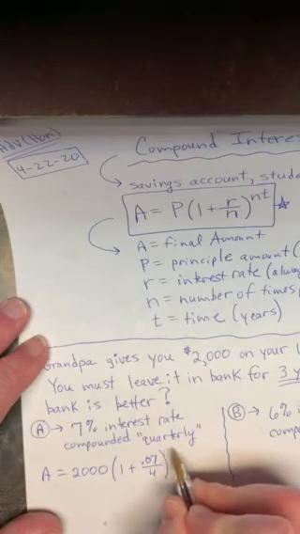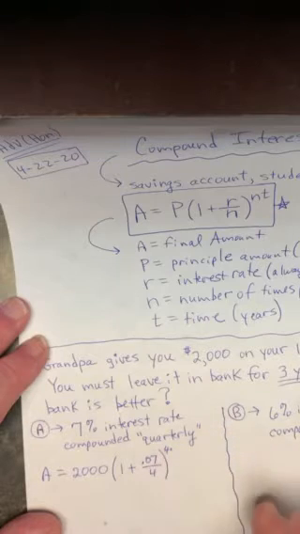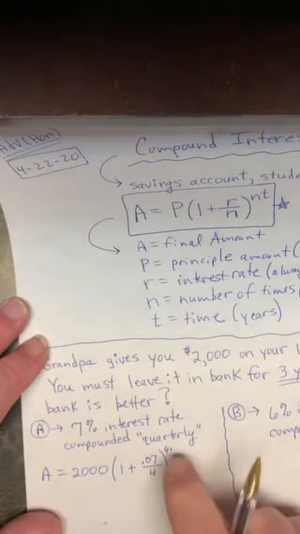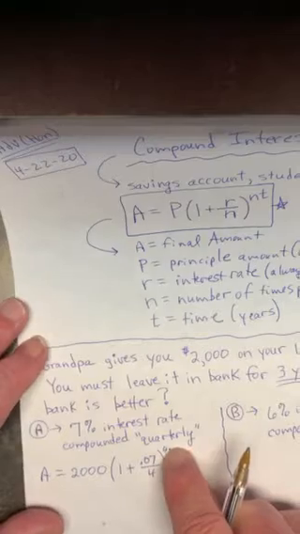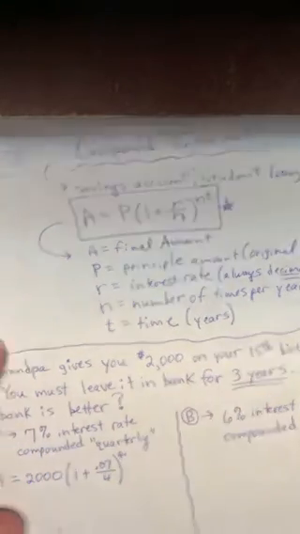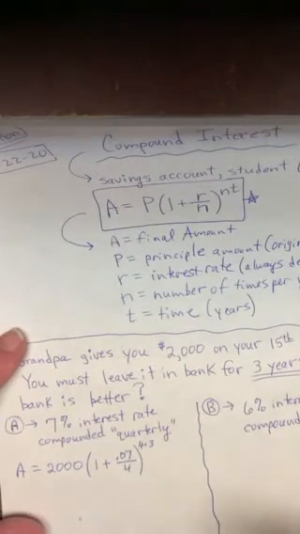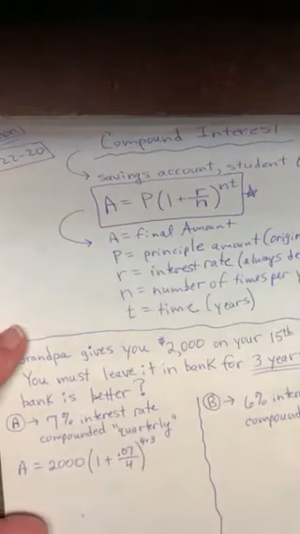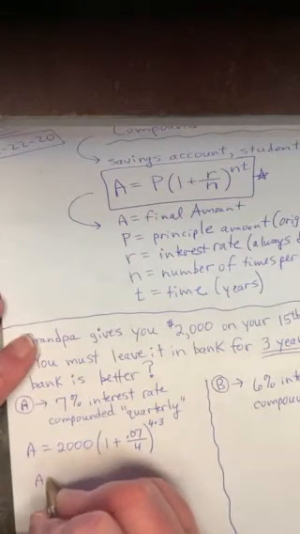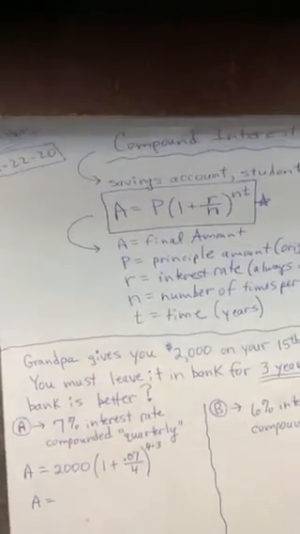Raised to the NT power, well, we've already said N is 4, T is the amount of time that the money's in the bank. And remember, in this problem, we're leaving it in the bank for 3 years. You're going to take it out when you turn 18. So times 3. Obviously, we don't need to solve an exponential equation here. I'm just giving you a feel for how this formula works. It's pretty interesting. You're going to need your calculator.